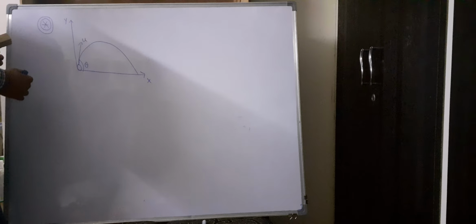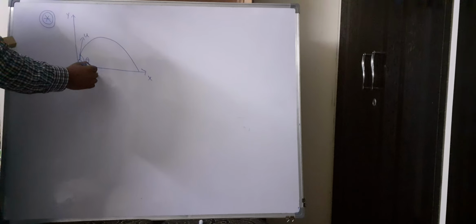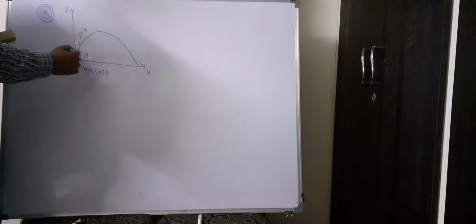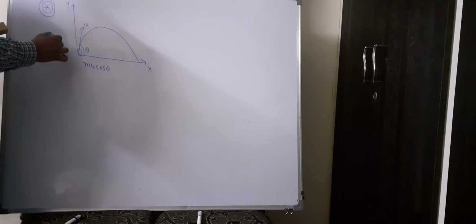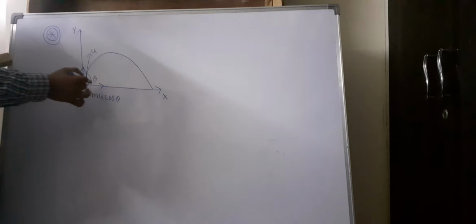In this situation, u is resolved into two components: mu cos theta along the x-axis and mu sin theta along the y-axis. The angle side gives cos, and the remaining one will be sin.